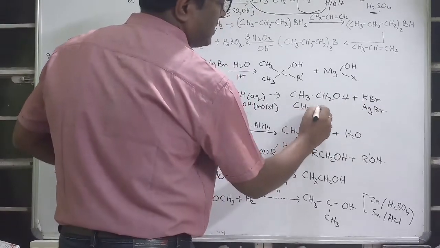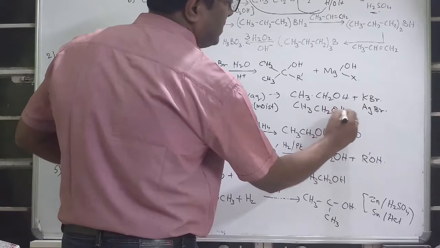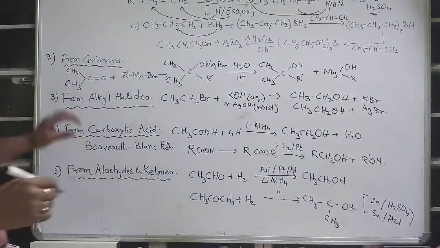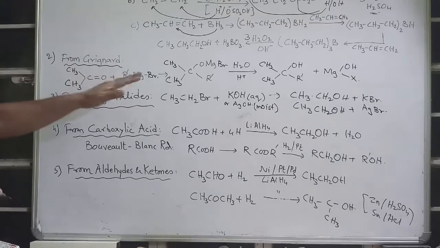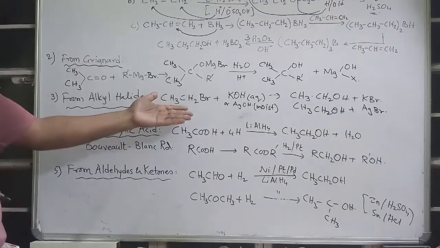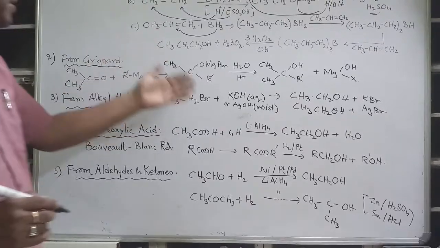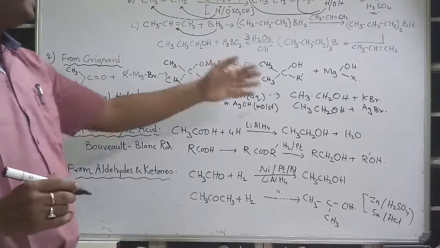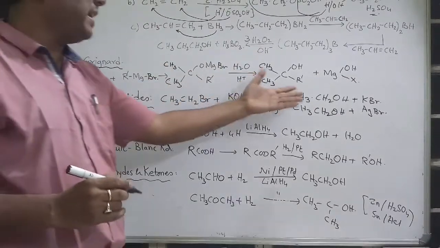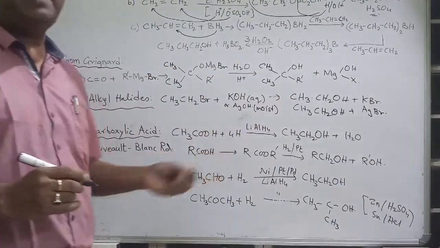So similarly, you can see CH3, CH2OH and AgBr. I repeat, from alkyl halides is very easy, and we love to go in laboratories with this caustic potash or with the silver hydroxide, and we get the advantage of getting this alcohol with almost 98% purity.